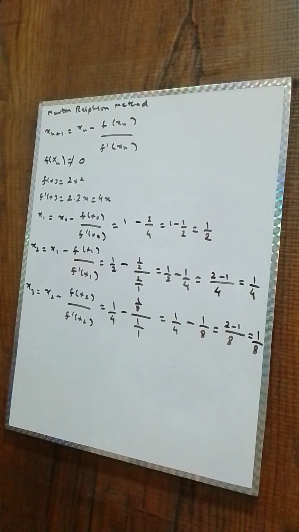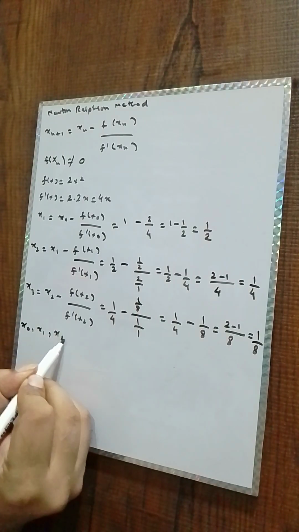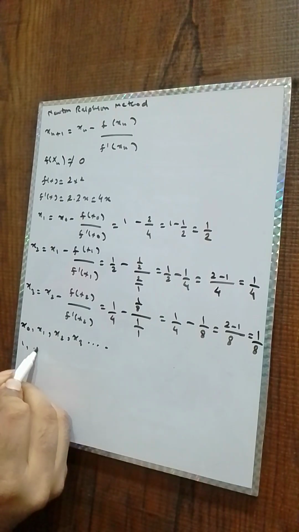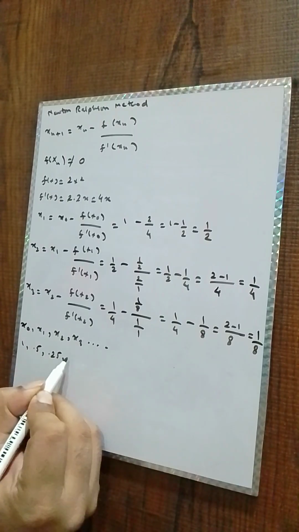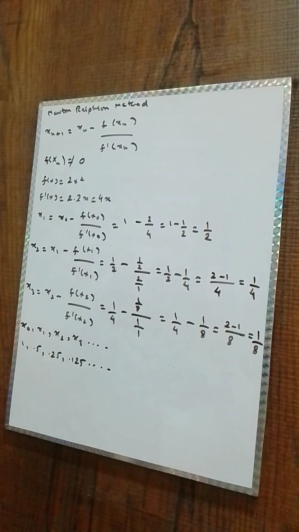So let me write it more clearly. You see, x naught, x1, x2, x3 and so on, 1, 0.5, 0.25, 0.125 and so on. So this is actually as close as we can get to our solution when we try to define our interval.